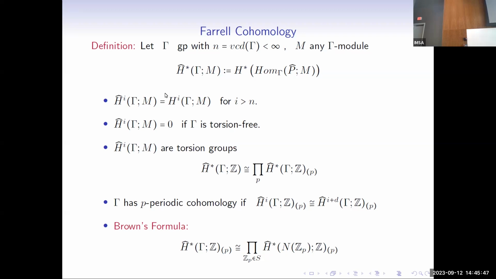And in that case, there is the so-called Brown formula that gives you the p-primary component for the Farrell cohomology of these groups in terms of the cohomology of the normalizers of the Z/p's inside the groups. So you count the number of conjugacy classes of subgroups of order p, you look at the normalizer of each such subgroup, take the product of all those cohomologies, and that recovers for you the p-primary component of the Farrell cohomology of the group.